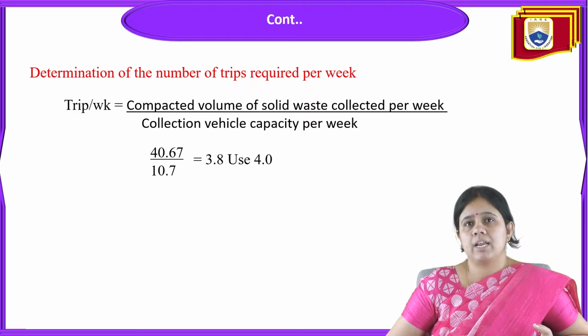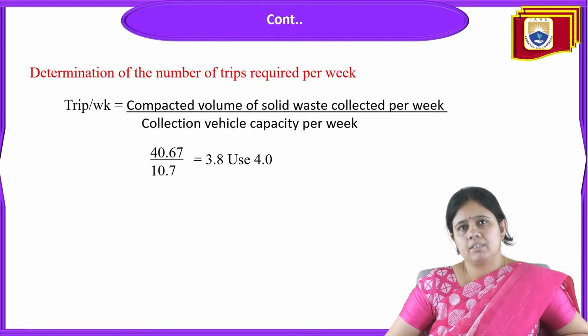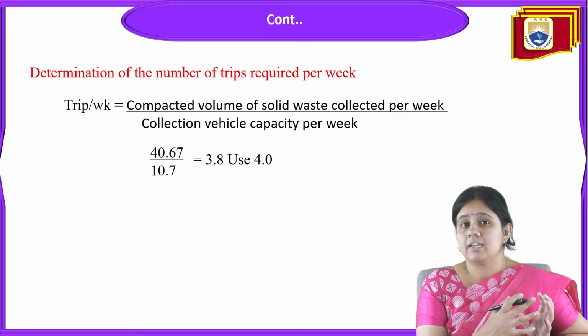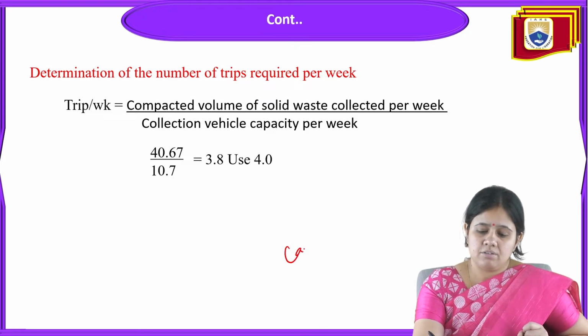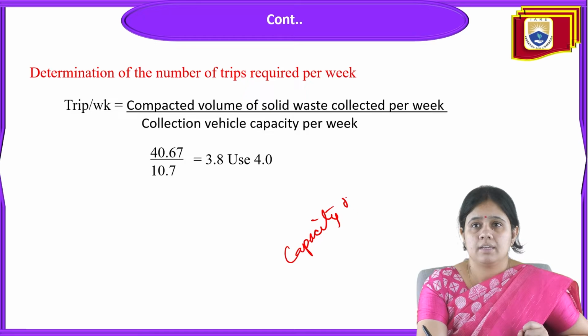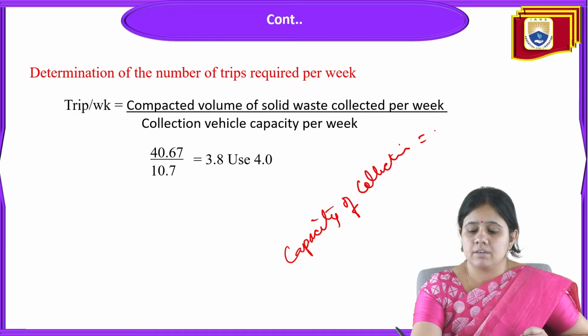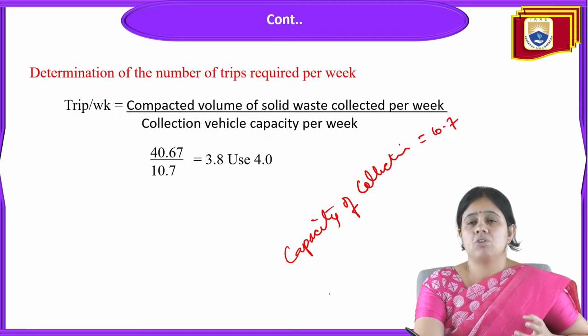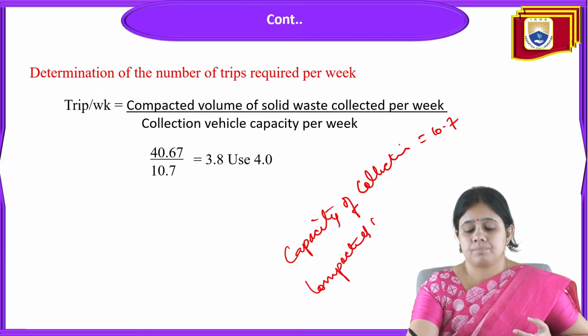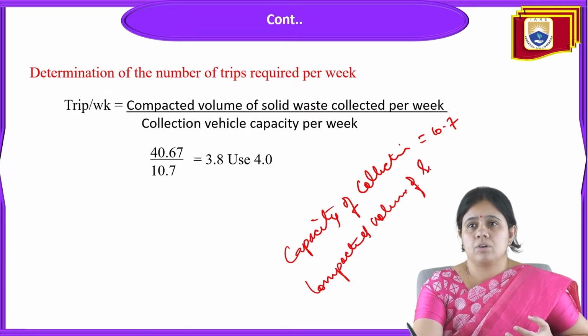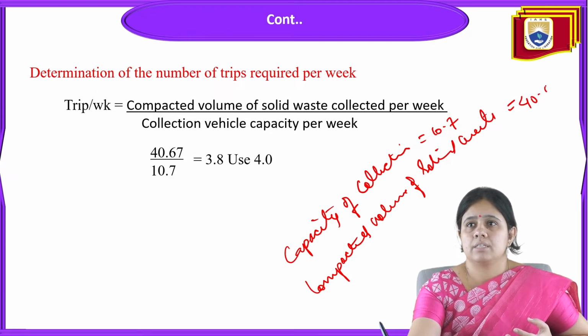So now we have to calculate the number of trips required per week. In a week, how many trips are required to collect the waste, based on the capacity of the collection vehicle, which is equal to 10.7 meter cube, and the compacted volume of solid waste for that area, which is equal to 40.67.